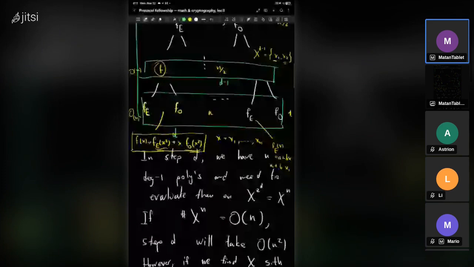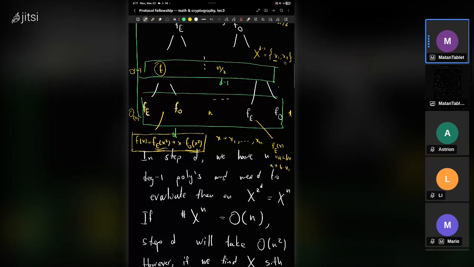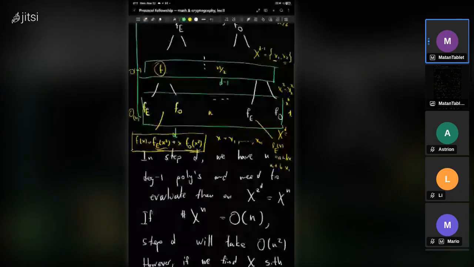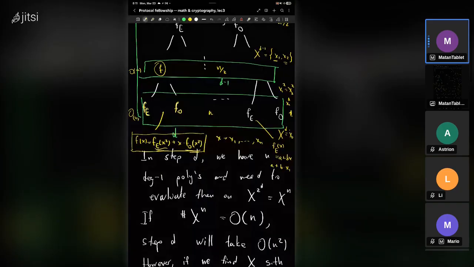Of course, x1 squared is equal to x2 squared, which is equal to the x, I don't know, 0, that appears in the step D sampling set.